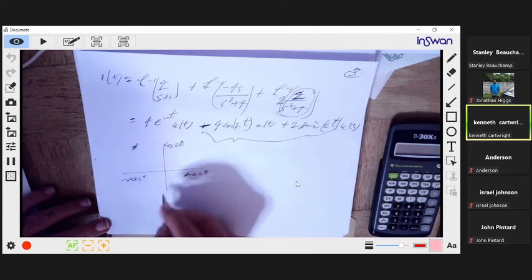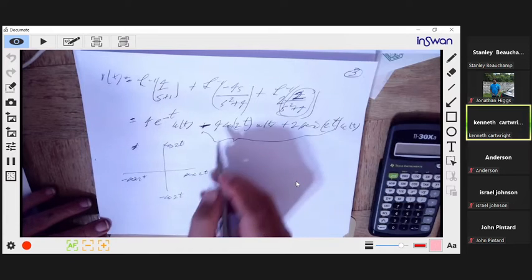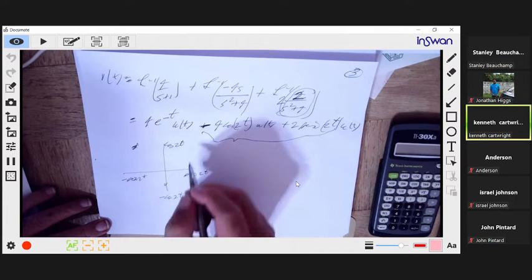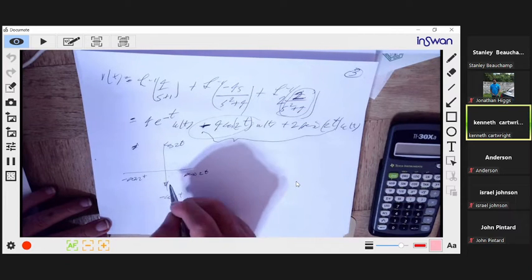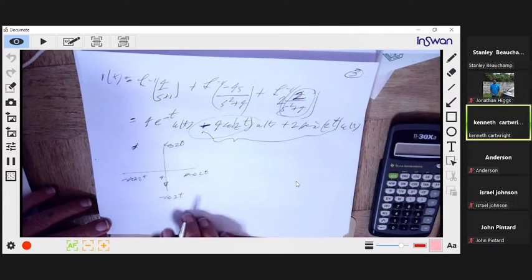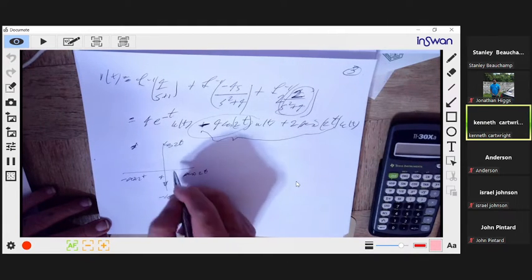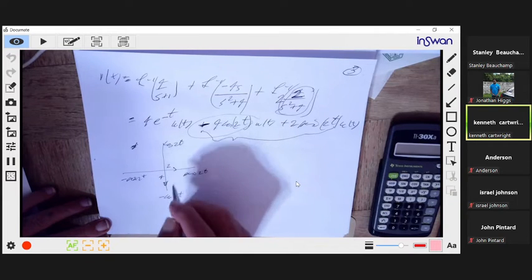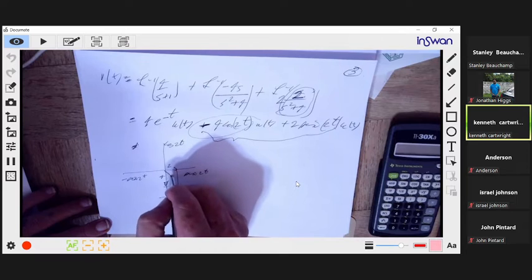And this here is negative cosine 2t. Okay. So this here is -4. So that's this one here, down here. Okay, and it's 4 long. And sine 2t, that's along here, and it's 2 long. And so what is the resultant? The resultant is this.